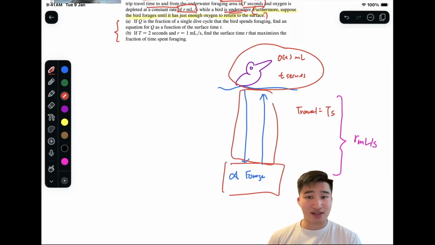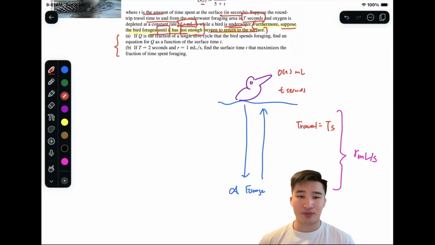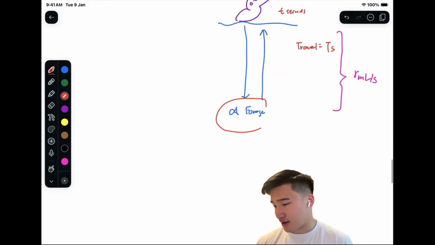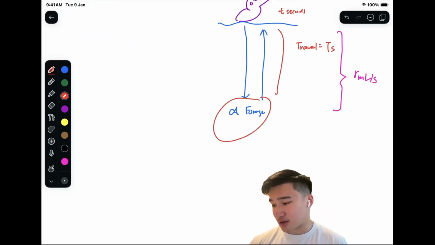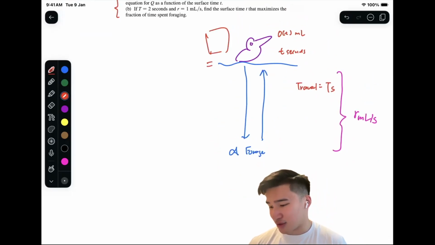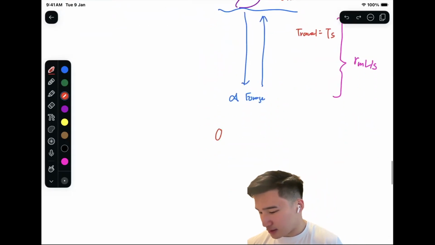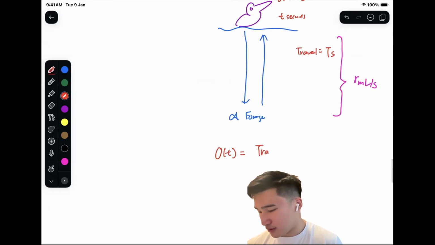Suppose the bird forages until it has just enough oxygen to come back. Basically, it will spend a lot of time here and also make sure it has enough oxygen to come back. So we can imagine this one equals this one plus this one. This is number one. Writing that out, we know that O(t) is going to be equal to our travel plus our forage.